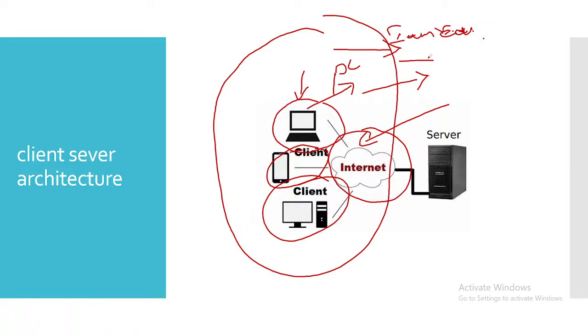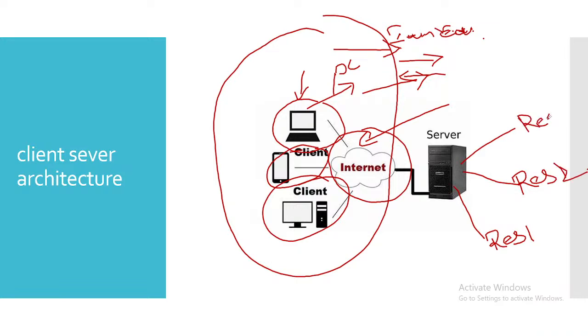You are going to request something from the server, so the server will search for the resources. The server has different resources, that is resource 1, resource 2, and resource 3. The data may be available in resource 1, or it may be available in resource 2, or it may be available in resource 3.